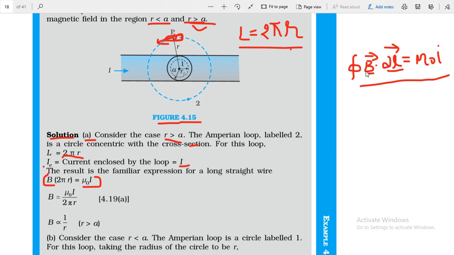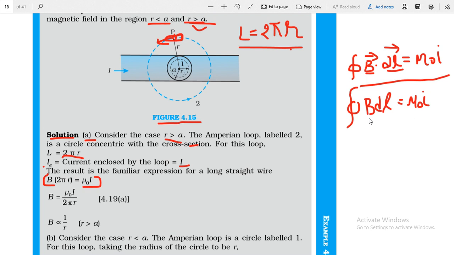So you can write this as a closed integration of B dl, and cos 0 will be 1, so this B dl is equal to mu naught I.